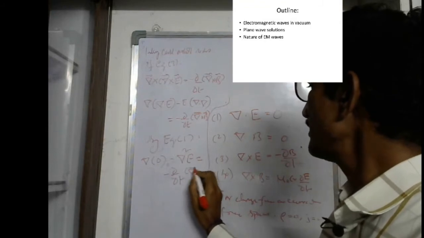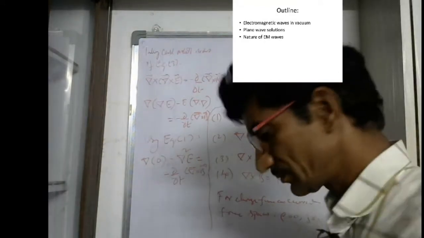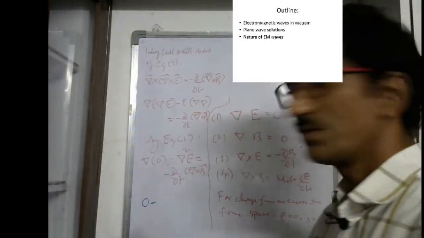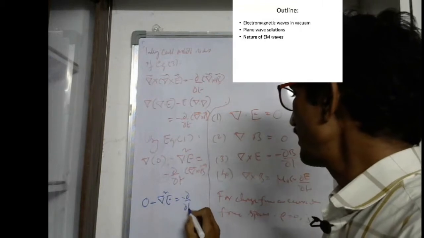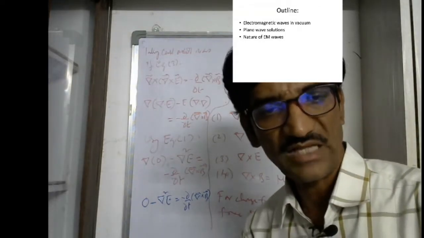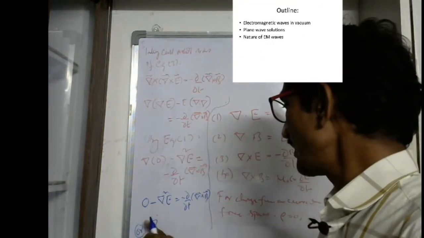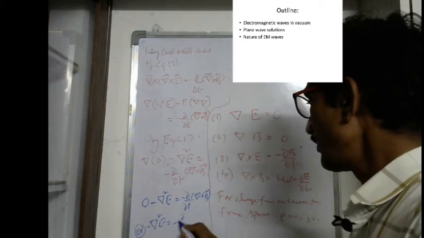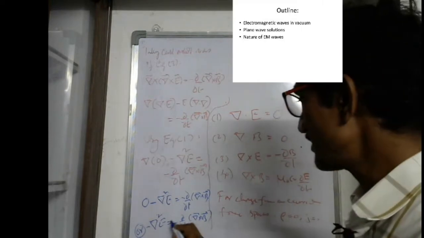The RHS is dou by dou t of del cross B. So now what you are having here: del times 0 is 0, minus del square E is equal to minus dou by dou t of del cross B. Now you may cancel the minus signs.